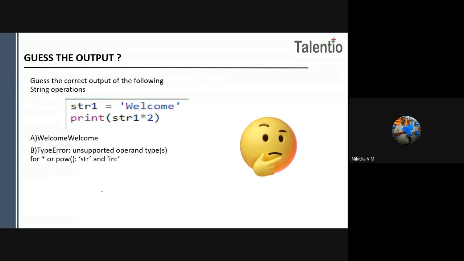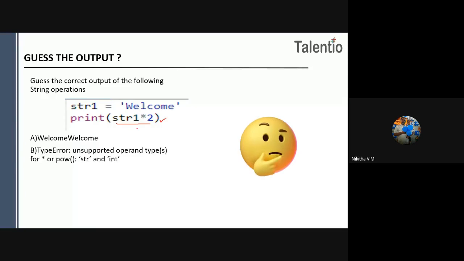Okay. Option A, option B, option A. Most of you say it to be option A. Alright, so what is given here? String 1 is equal to welcome. Print string 1 into 2. So multiplication operation is possible on strings.